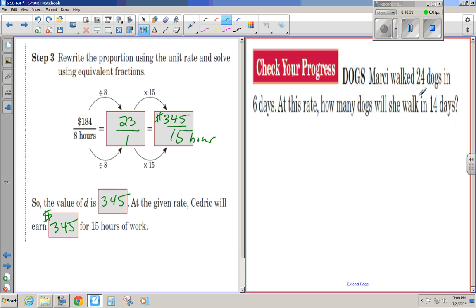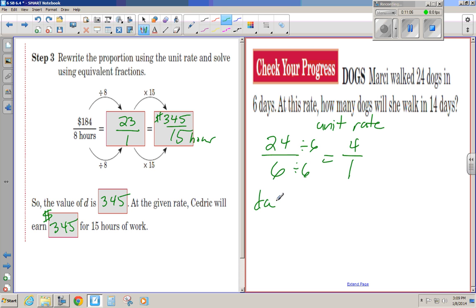All right, Marcy walked 24 dogs in 6 days. 24 over 6. Well, we need to find out how many she will walk in 14 days. So to find the unit rate, divide both numbers by the denominator. This tells me 4 dogs per day.